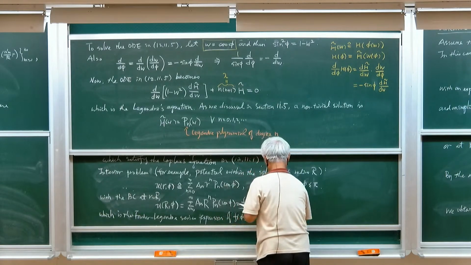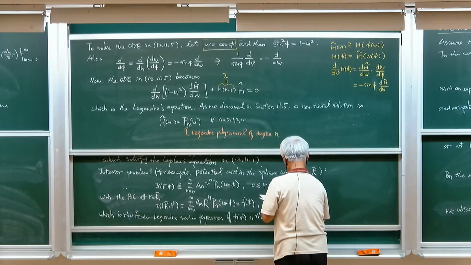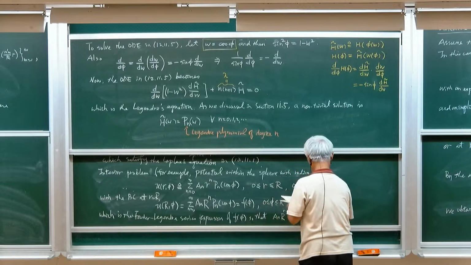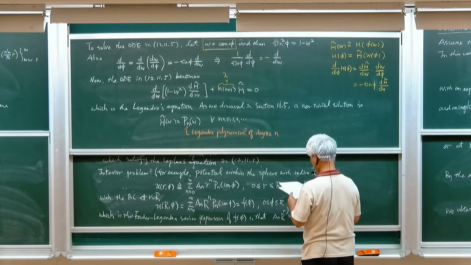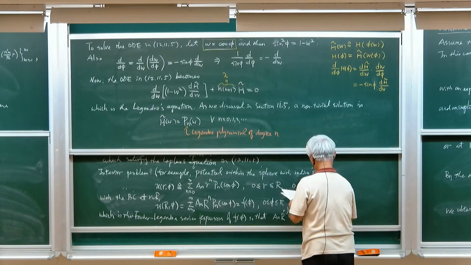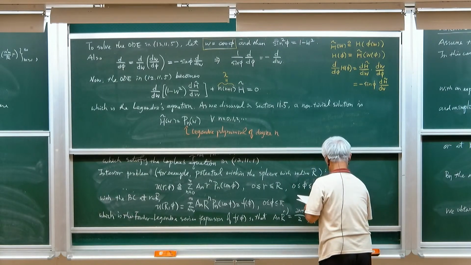Okay, so that we know that An is equal to 2n plus 1 divided by 2, integral from minus 1 to 1 of F of w and Pn of w dw.